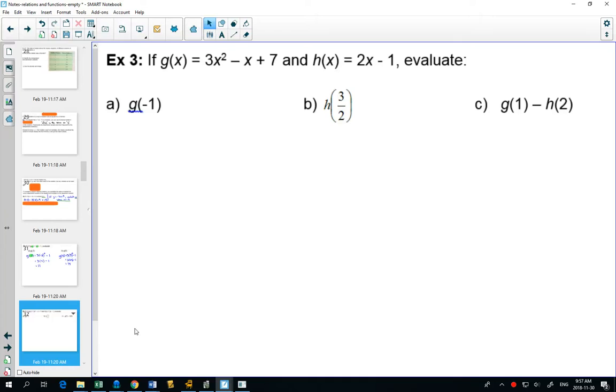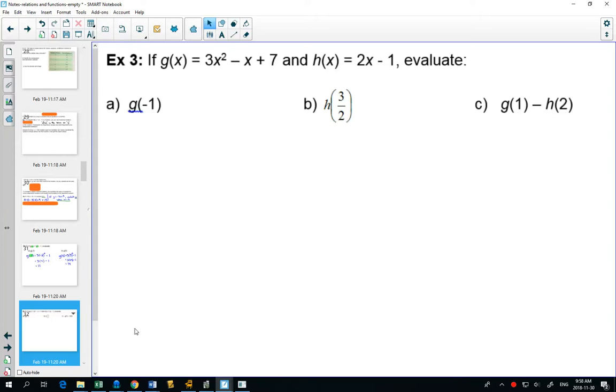Okay. Now we have two functions. We have a function g of x and a function h of x. So when we want to find g of negative 1, we want to plug in negative 1 for x into the g of x function, because it's asking for g of negative 1. When we have h of 3 halves, we're going to have to work with our fractions. Okay?